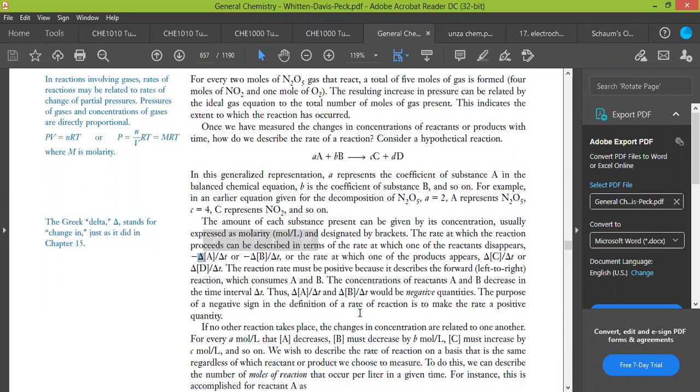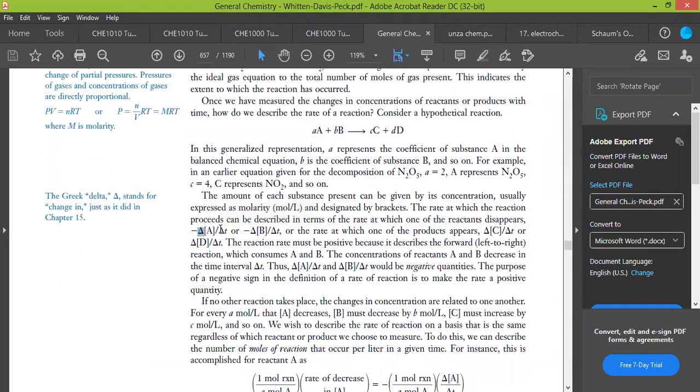This is what I'm trying to explain here. When you are looking at the reactants, since the reactants are disappearing, you are starting with a large amount and then it is going to a smaller amount.